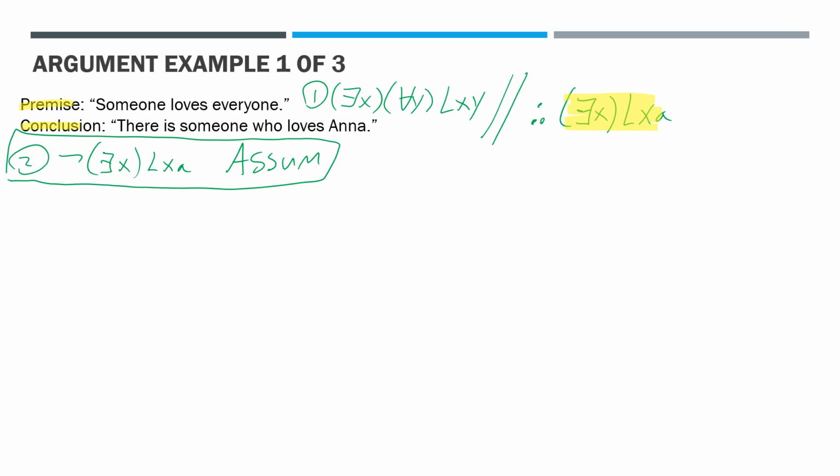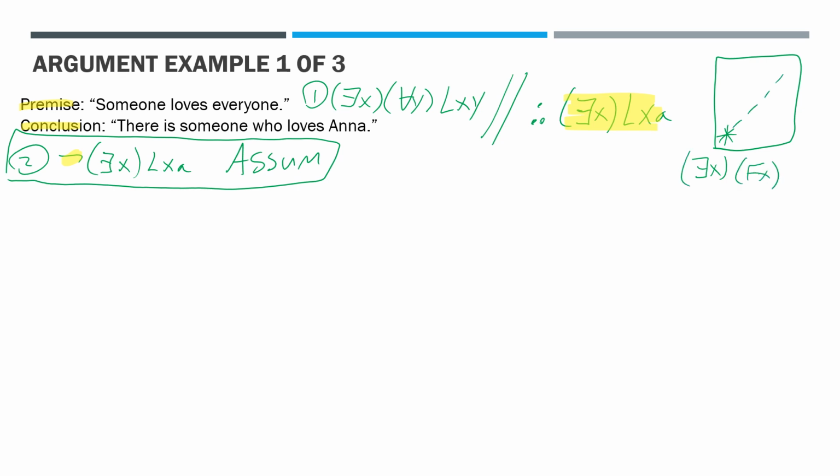We can't instantiate that. We can't work with that because there is this negation sign in front of a quantifier. We want to remove that, so we're going to have to use a change of quantifier rule. The way I like to think about this is through the square of opposition. So here we have, if we just think about there exists an x such that Lxa, this is a particular affirmative proposition that would exist right here in the square of opposition. So there exists an x such that x is an f. That's the general form.